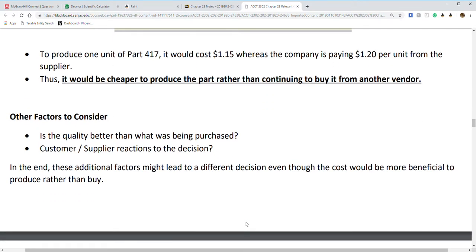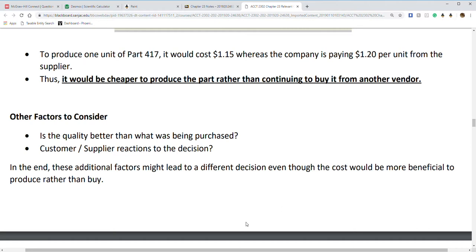One, they're going to ask, is our quality better than what has been purchased? If it is, then yeah, go with it. If it's not, it may actually be bad. And for a nickel, why would we really hurt ourselves that way?